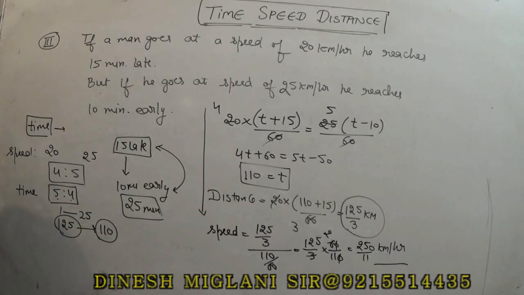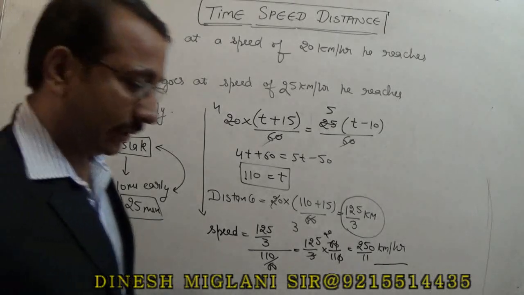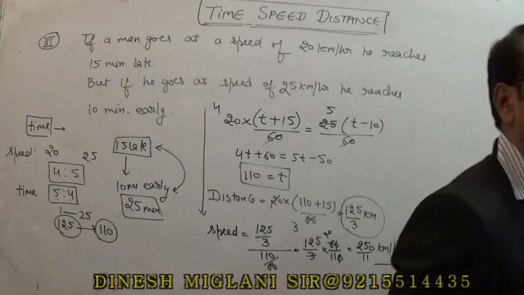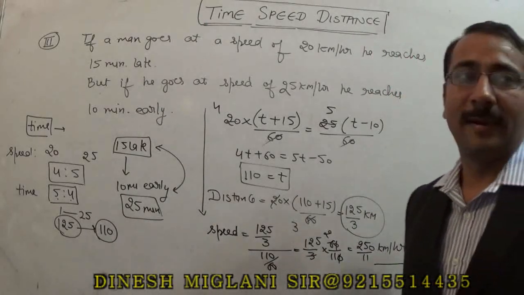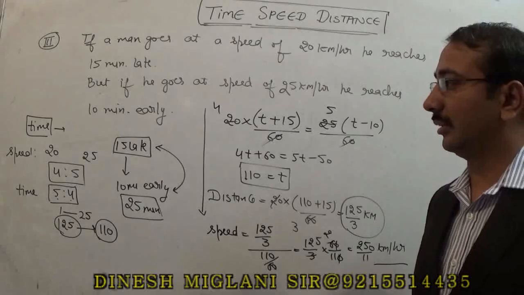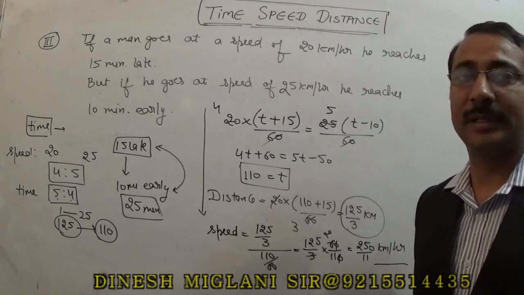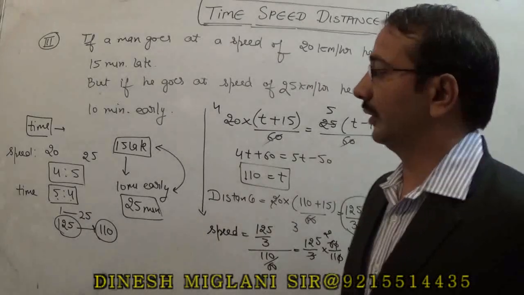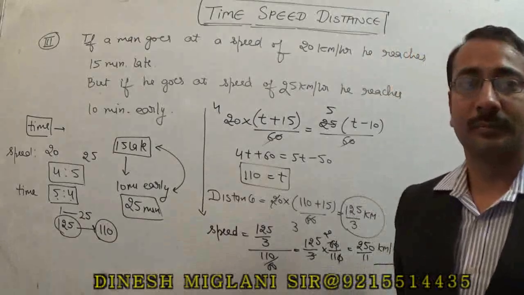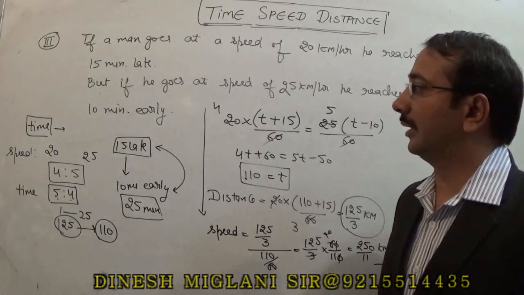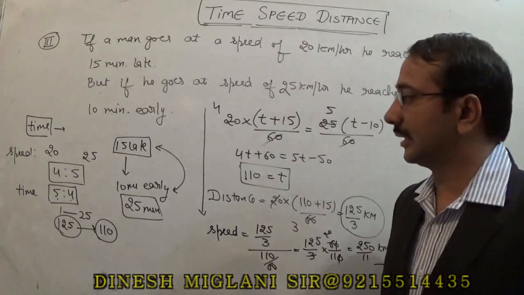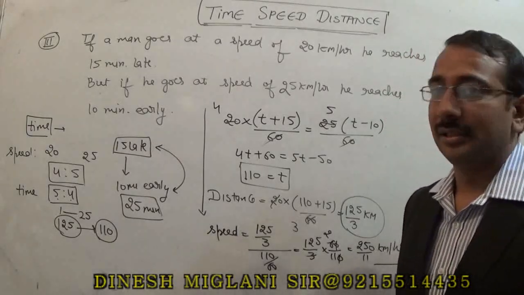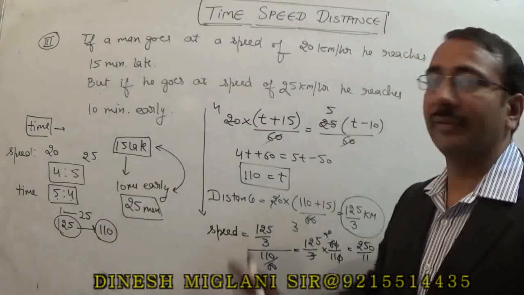Pay attention to what I have done. It is given that the speed of the person was 20 and after that he changes to 25. Here I can say the ratio of their speed is 4:5. And I know that time is inversely proportional to speed, so we can say the ratio of their time will be 5:4. Now it is given that in the first instance he was 15 minutes late, in the second instance he was 10 minutes early. The difference between these two is 25.